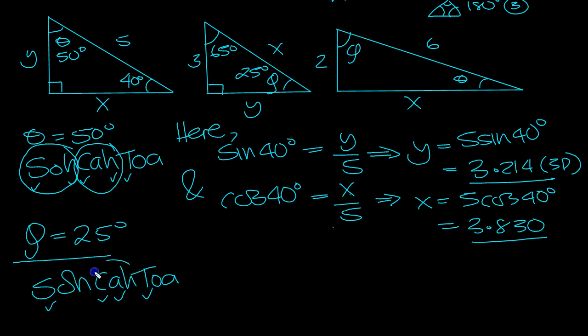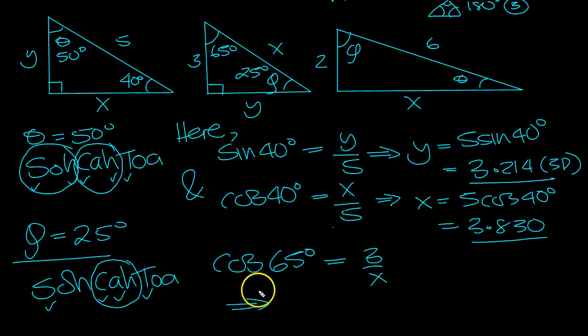So we've got two of the three, that's all we've got: the adjacent. So we can only use the cosine. Cosine of 65 is equal to the adjacent, 3, over x.